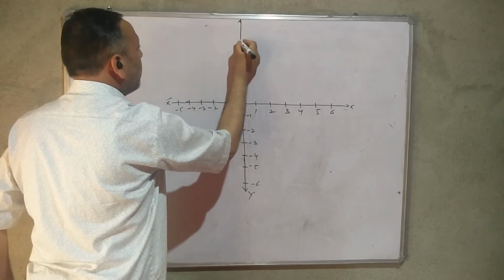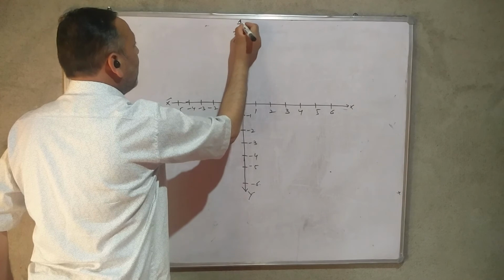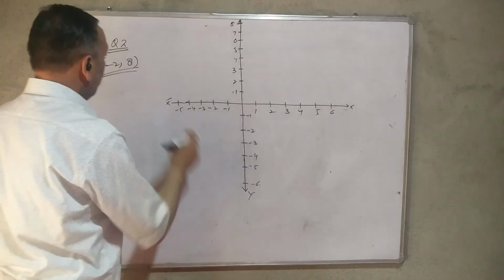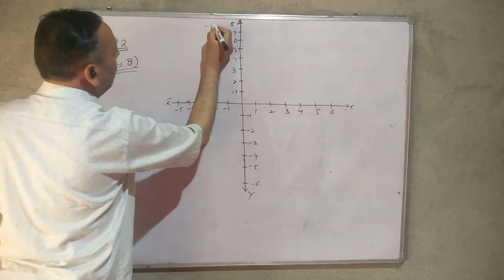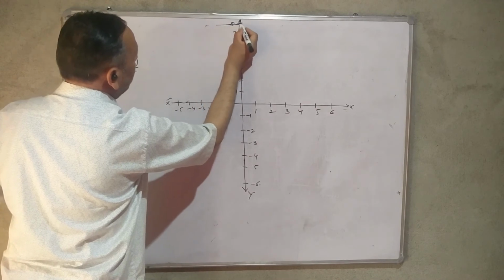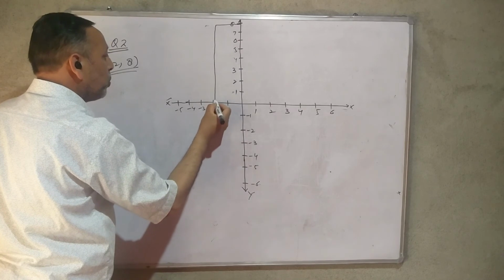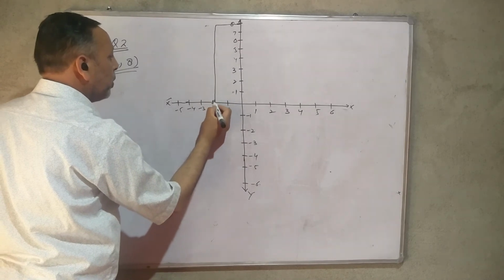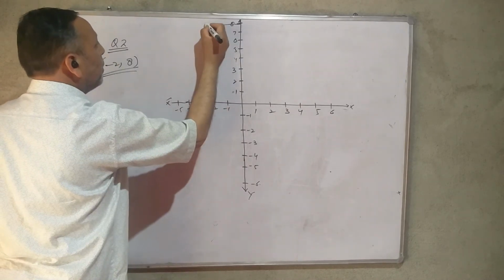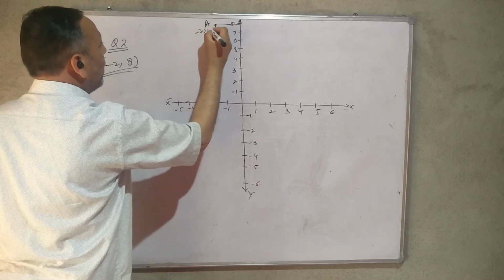This is 5, 6, 7, and 8. So (-2, 8) is this point. This is 8 here, and this is -2 here. Let me name this as A.